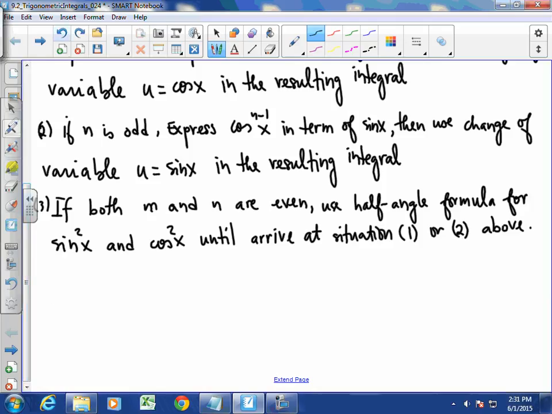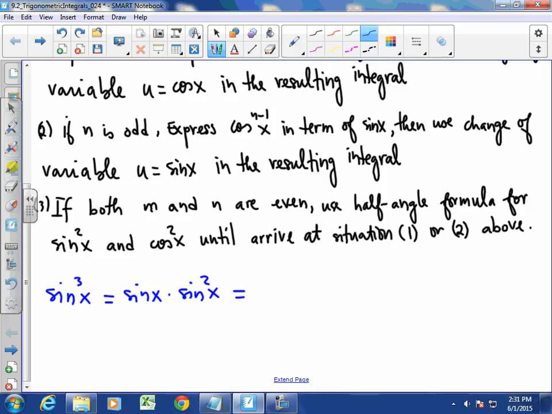Sine cubed x is sine x times sine squared x, because if you have a cube, it means a times a squared.